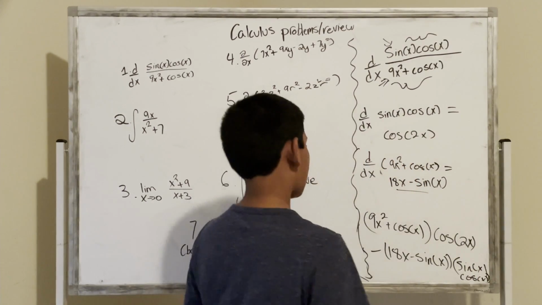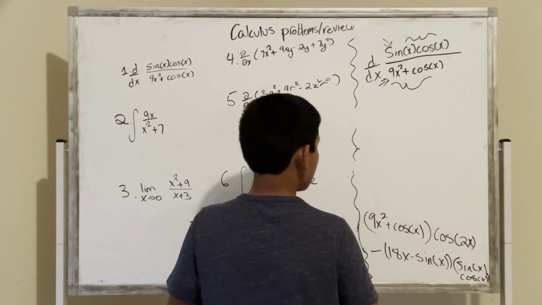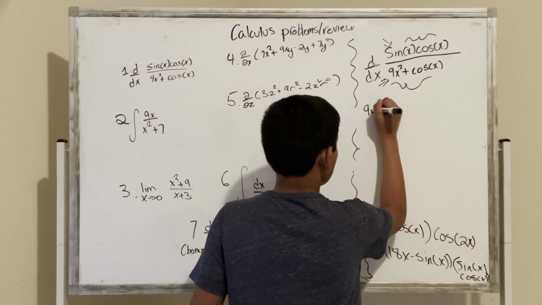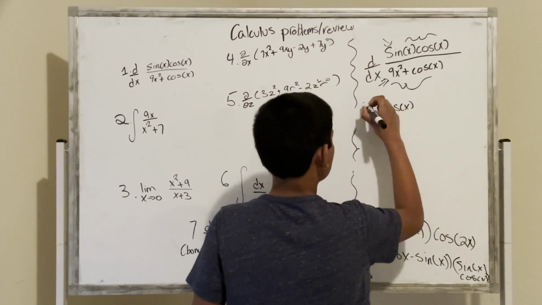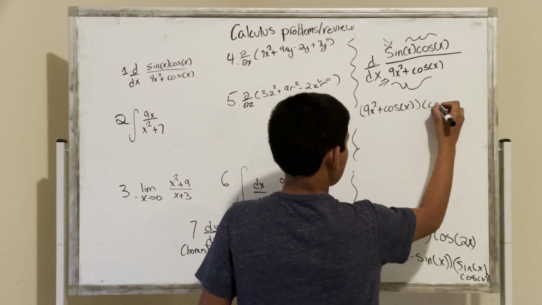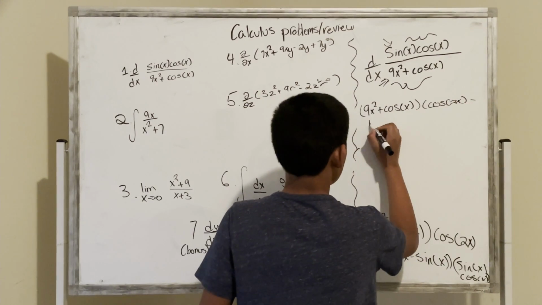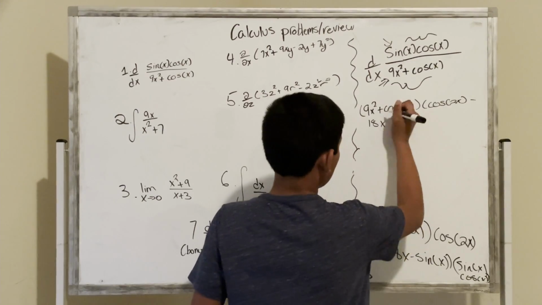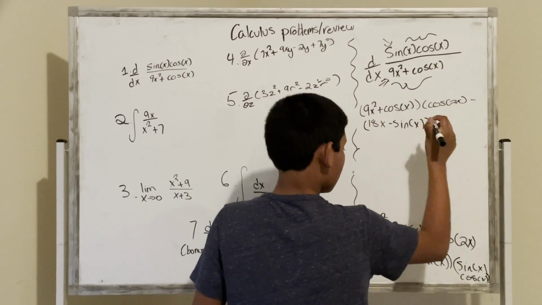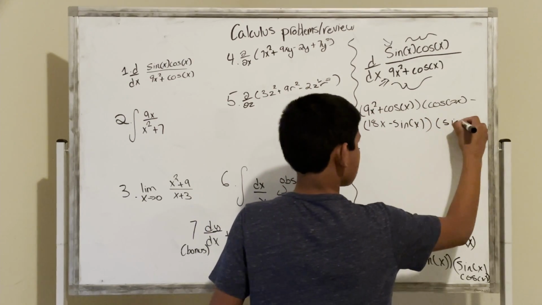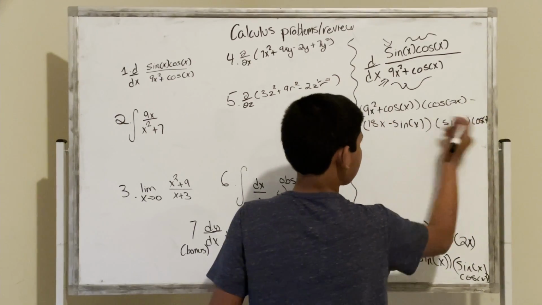So now let's write it higher. Essentially, we're going to have 9x squared plus cosine of x, cosine of 2x, minus 18x minus sine x, and then sine x cosine x.